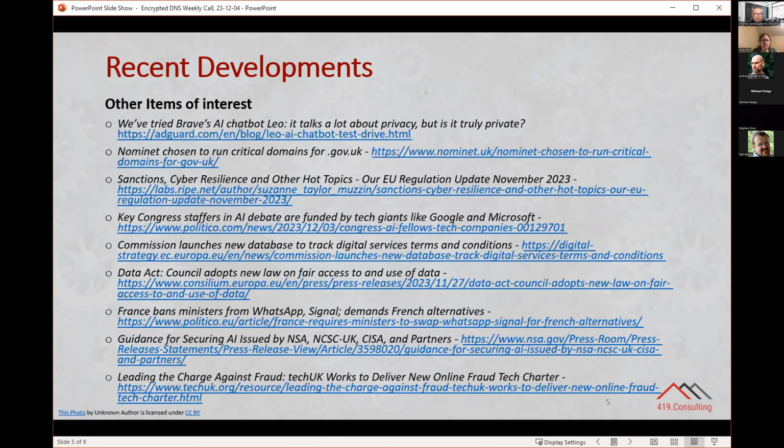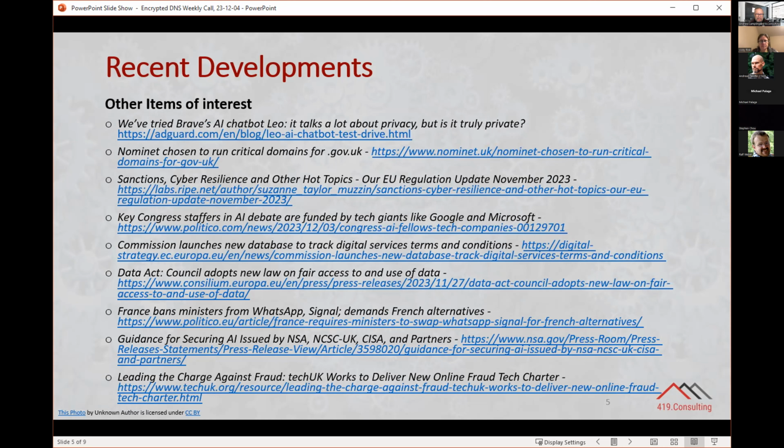Just moving on, a whole bunch of other items of interest. I'm not going to go through all of these. You'll be pleased to know it would take far too long, but various things caught my eye, not really DNS relevant. So for example, towards the bottom part of the page, France has banned ministers from using WhatsApp and Signal, and they need to use a French-based alternative, which is a logical development of digital sovereignty, I guess, taking that to its ultimate conclusion at a national level.